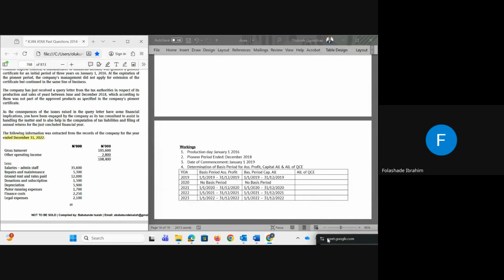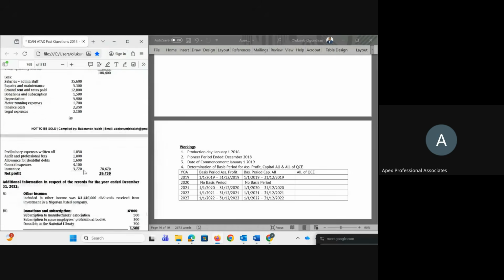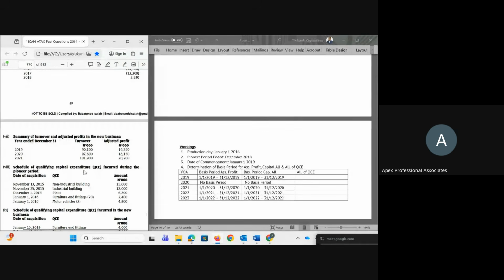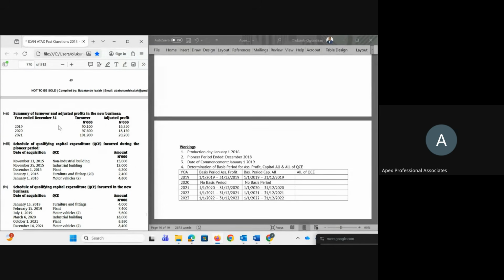All right. So let's go quickly to allocate our QC. Assets purchased before or during the pioneer period will be deemed to be purchased in the post-pioneer period, right? So all the assets purchased between 2015 and 2016 will be assumed to be purchased in the first year.